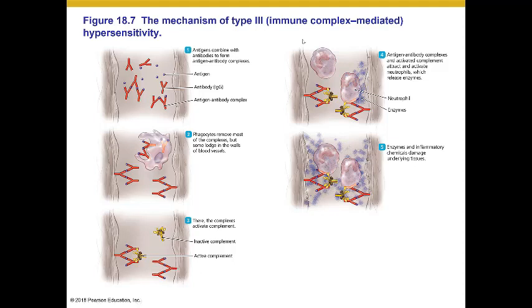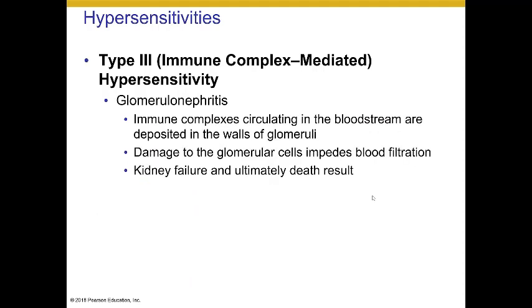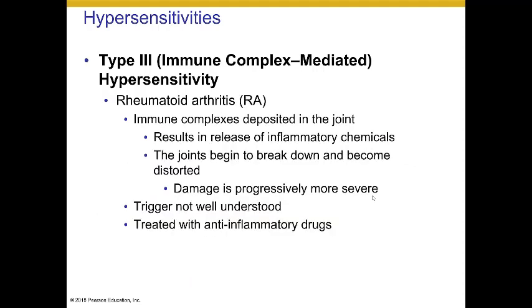There's no infection, but these inflammatory chemicals are released, hanging around, and they're going to cause tissue damage. And so this is the case of rheumatoid arthritis. This is a type of type 3 hypersensitivity, and as we'll see later, it's also an autoimmune disease.